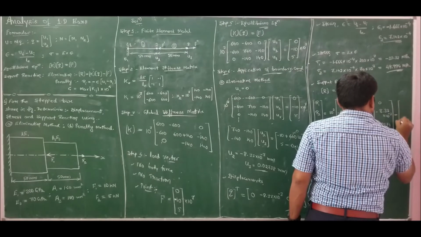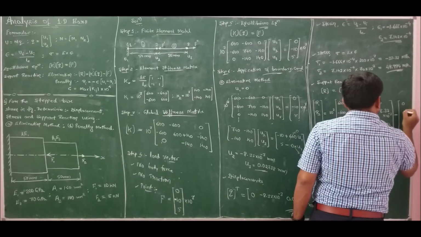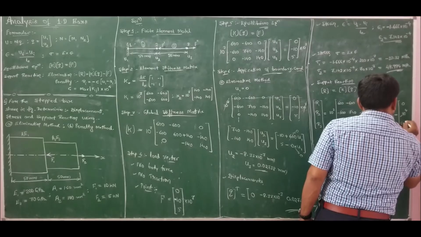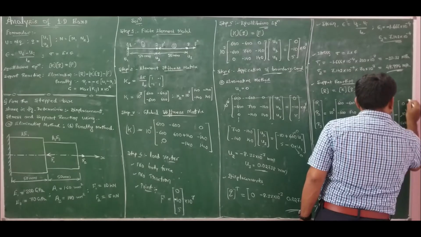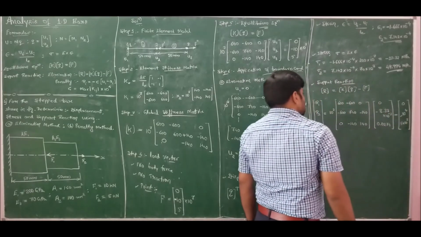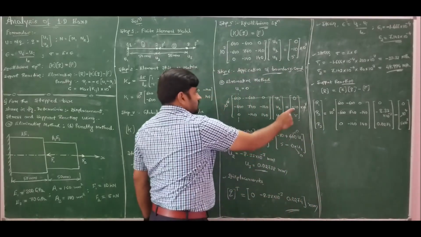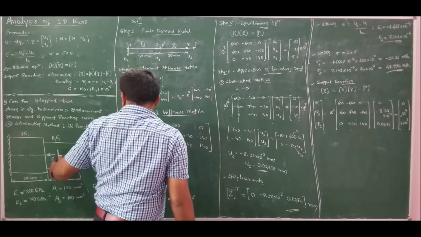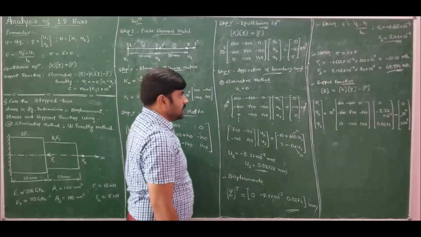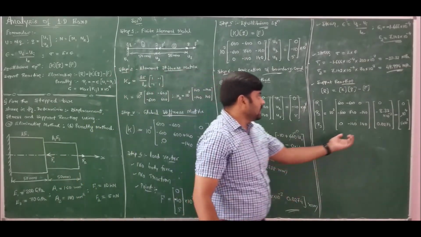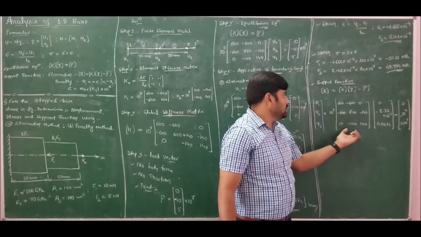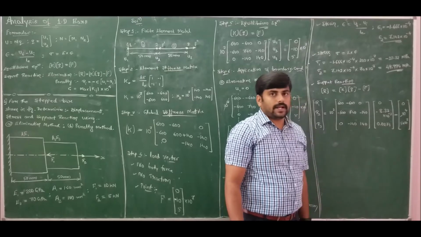Minus, we have the load as 0, minus 10 to the power of 4 and 5 into 10 to the power of 3. So very important, this is minus 10 because the force on node 2 is acting in the opposite direction of x. Now this is matrix A, matrix B and matrix C. So to solve this, matrix A into matrix B minus matrix C.